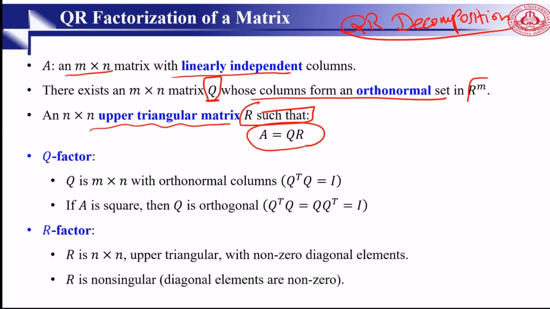So we express matrix A as the product of an orthogonal matrix Q and an upper triangular matrix R. This QR decomposition can be used for solving linear systems, least squares problems, and eigenvalue problems. So we will have two factors: Q is m by n with orthonormal columns, and R is an upper triangular matrix.